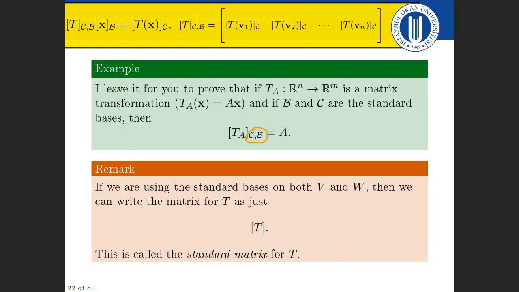Instead of writing C and B here, we can just write square bracket T square bracket, because we just have the standard matrix for T. Standard matrix means the matrix if we use the standard bases.